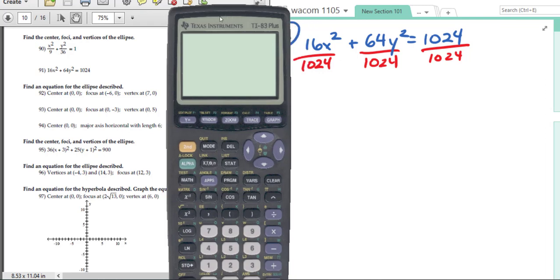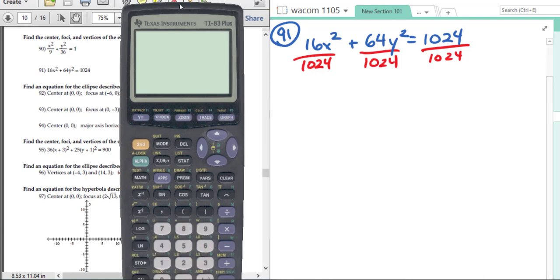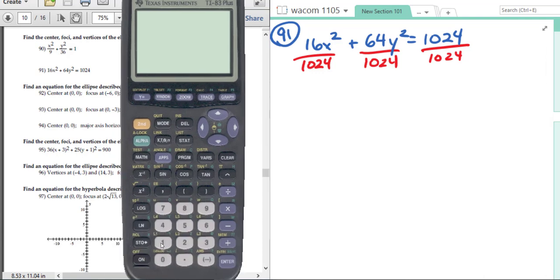We'll just pull our calculator up for a little help. 1024 divided by 16 is 64, so we have x squared over 64.